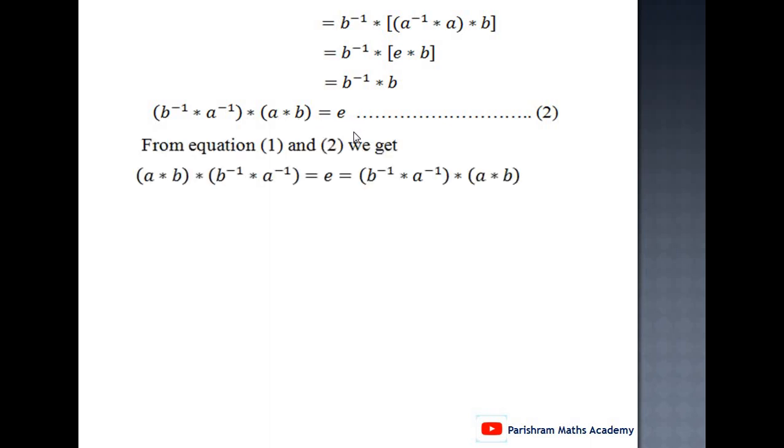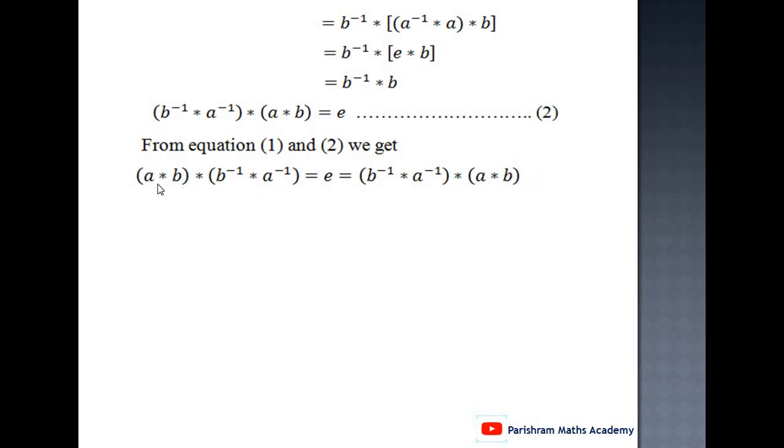And therefore from equations 1 and 2, in equation 1 we get (A star B) star B inverse star A inverse equal to the identity element, which is the same as from equation number 2, B inverse star A inverse star (A star B).